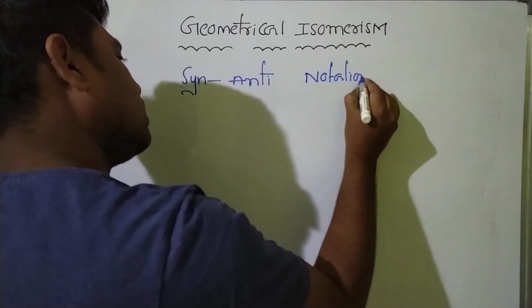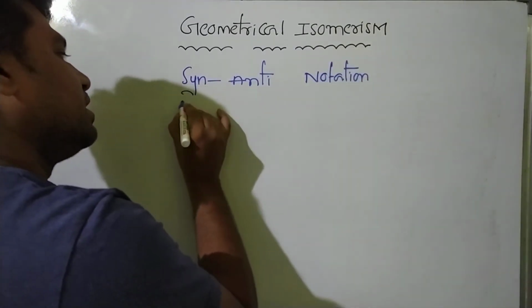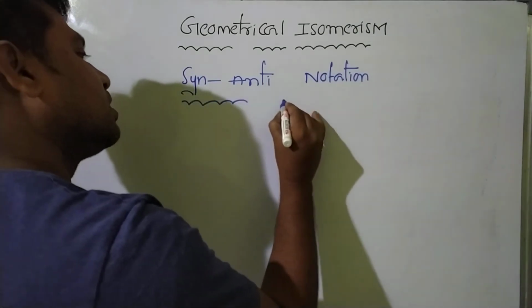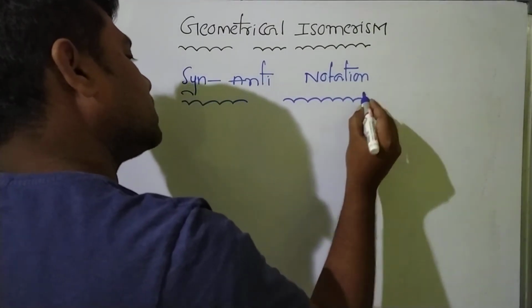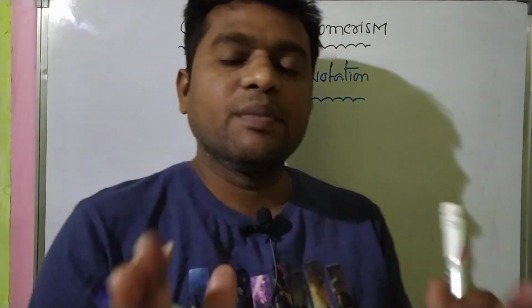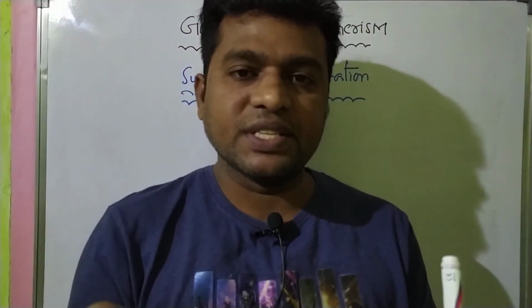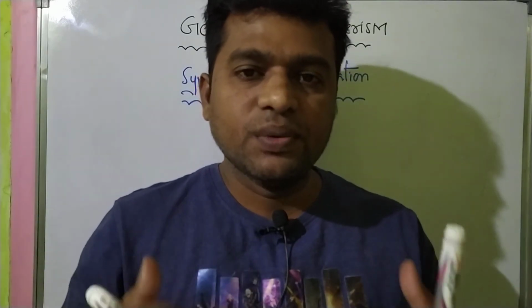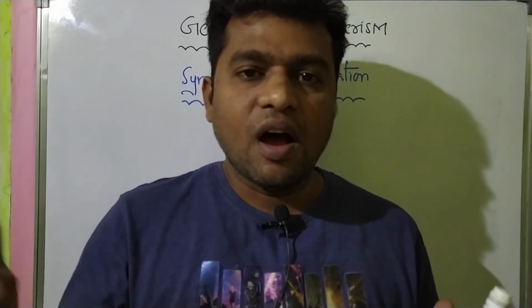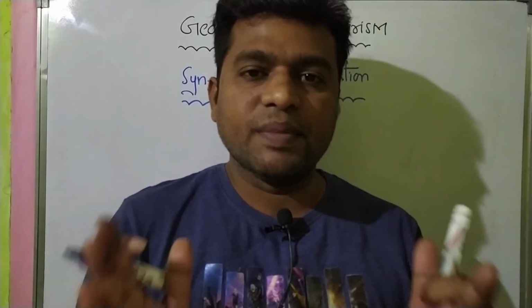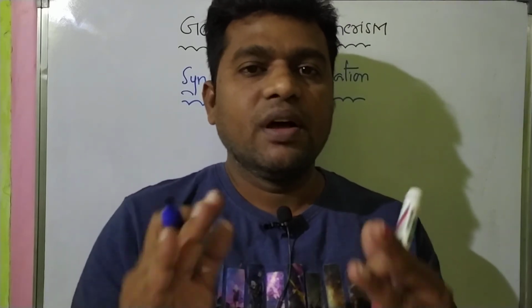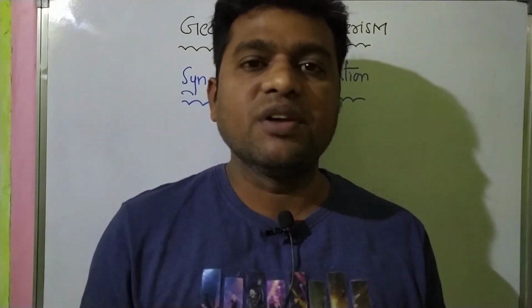In the case of alkenes, if two equal groups are present on the same side with respect to the carbon-carbon double bond, that isomer is called the cis isomer. If the two similar groups are present on opposite sides of the carbon-carbon double bond, that isomer is the trans isomer.